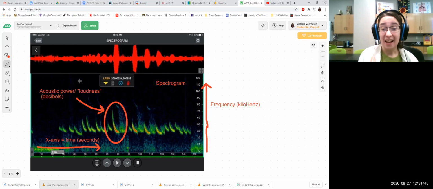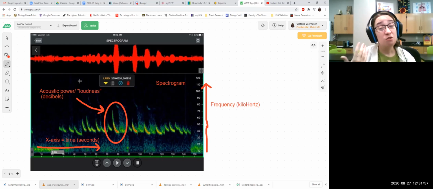So loudness is the acoustic output of a source. So if I talk really like this, you can't hear me. You couldn't hear me, that means my acoustic power was low. Now, if I talk really, really loudly, then my loudness goes up.